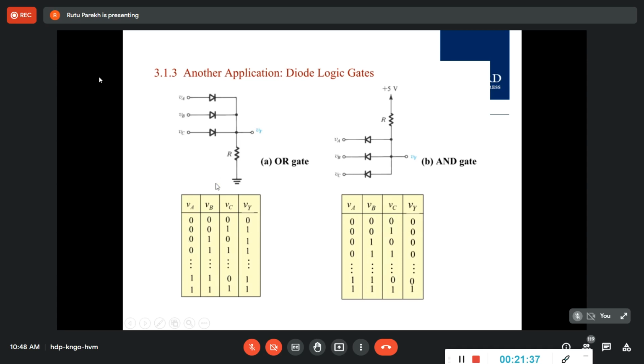Now let's say any one is 1, or we can start with this as 1, and the other two are 0. Take 1 as 1 volt, let's say.